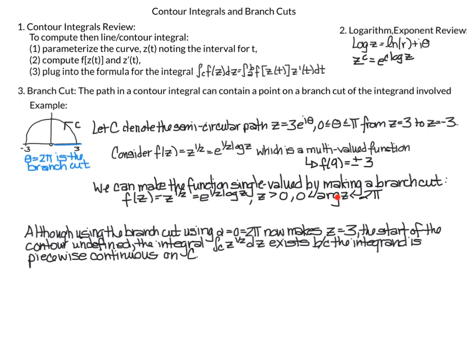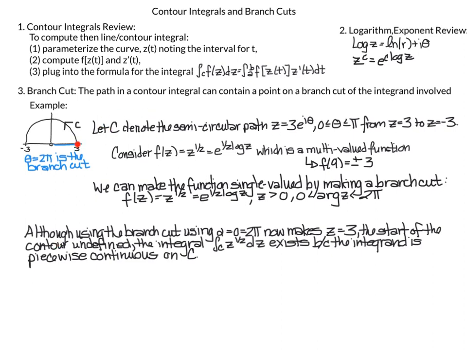What this has done for us, though, is now over here for the value z equals 3, we no longer have it defined because our function is only defined for angles greater than 0 and less than 2 pi. It is not defined here. So our function is no longer defined at 3. This seems like it might cause a problem because 3 is the start of our contour C, right?